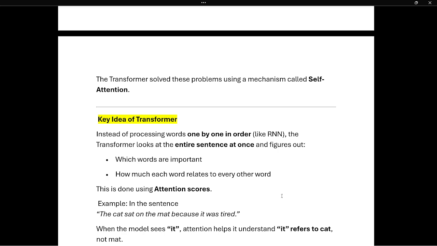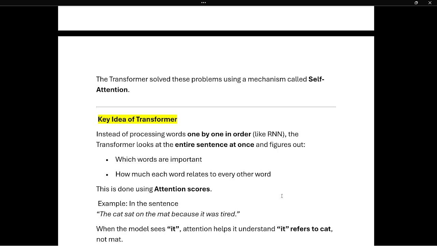The key idea of the transformer is self attention, the attention score, and the self attention mechanism. There are a lot of other algorithms associated with it, but self attention is the core of the transformer and we need to understand that. Instead of processing word by word, as was done earlier in RNN, the transformer looks at the entire sentence at once and figures out which words are important and how much each word is related to the others.